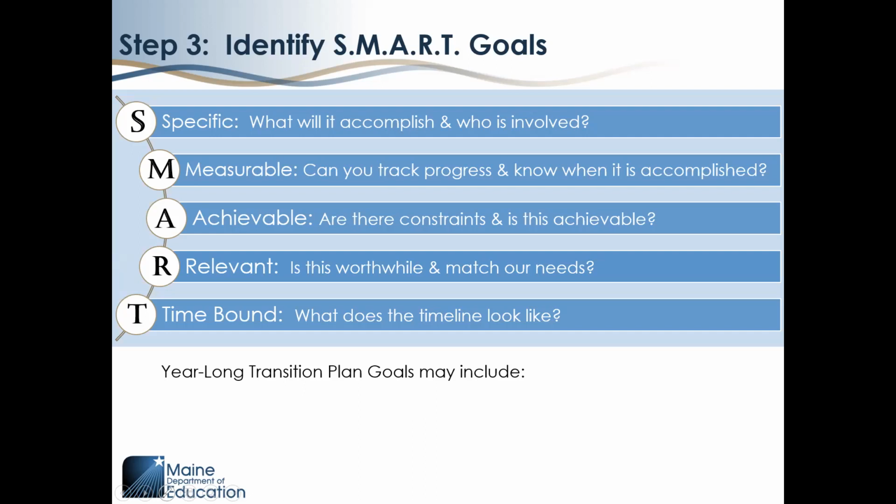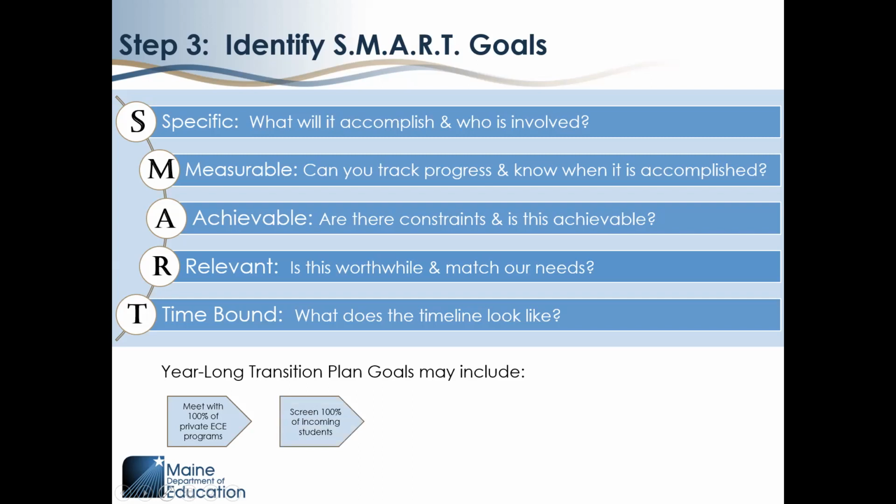Examples of year-long transition goals and measurable outcomes could be meeting with 100% of your private early childcare and education programs, Head Starts, and family childcares to talk about children and developmental continuums and all of that good assessment information.